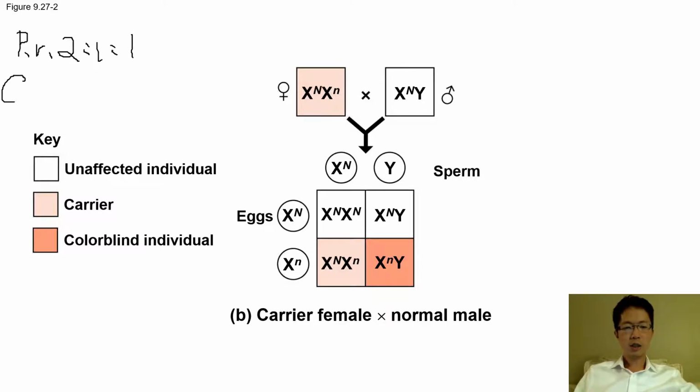What about the genotypic ratio for all children? We cannot count the genotypic ratio easily, because the male and female are different. It is very difficult to count.